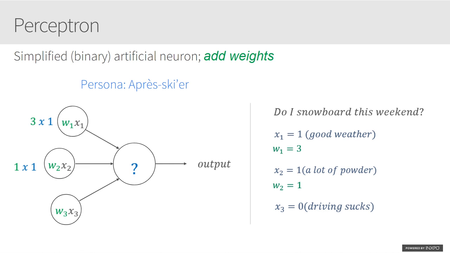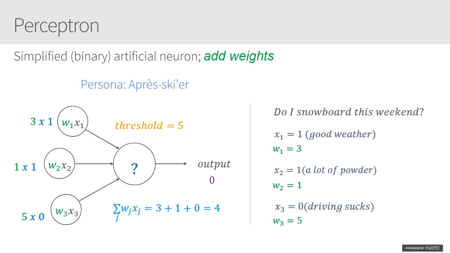A lot of powder, they don't really care if there's powder or not, because they're there for the parties. They do care a little bit about driving, so it's a 5. You have a threshold of 5, and 3 plus 1 plus 0 equals 4, which means an output of 0, because the weather's horrible for the drive up.